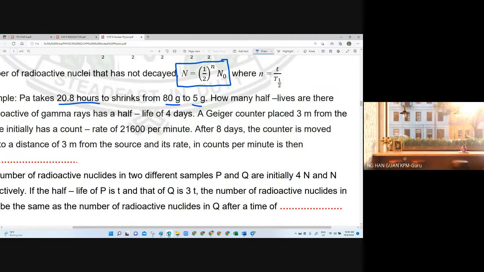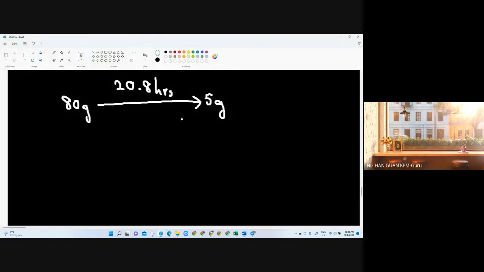So the question I want to know is how many half-lives, and the half-life is equal to how many hours? So, two questions.